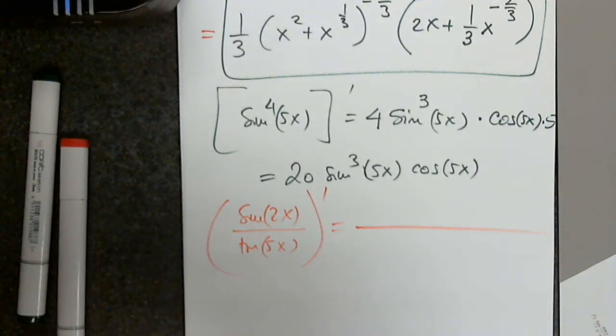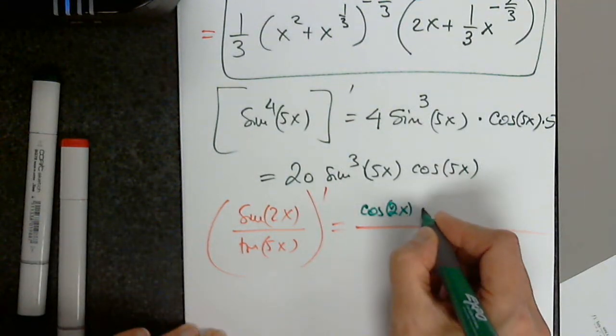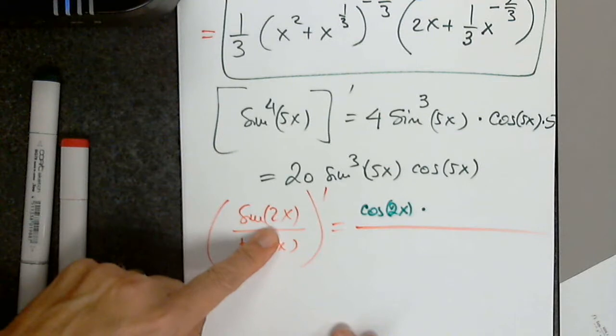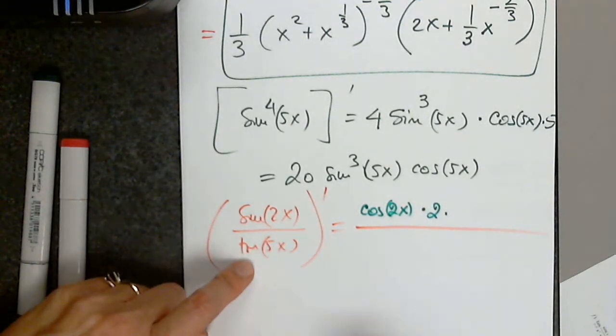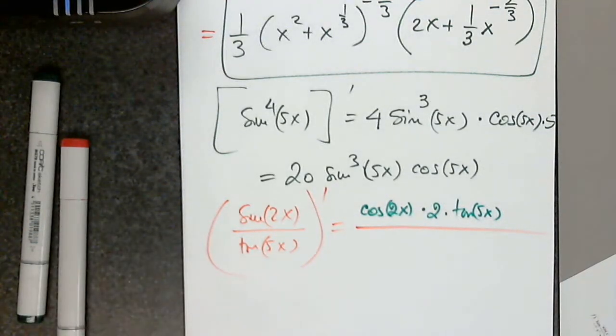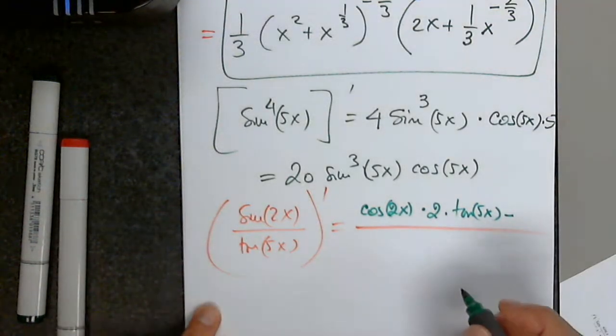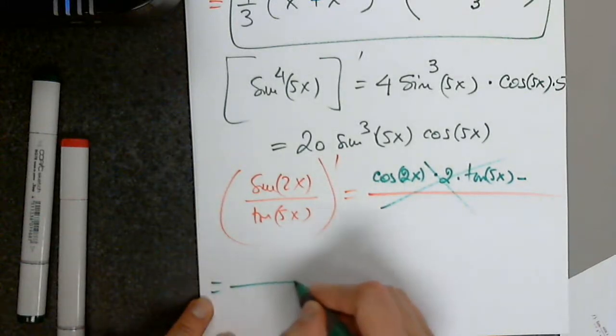So top prime is cosine 2x multiplied by the inner function prime, which is 2, multiplied by the denominator, minus sine. Of course, I ran out of room. I always run out of room.